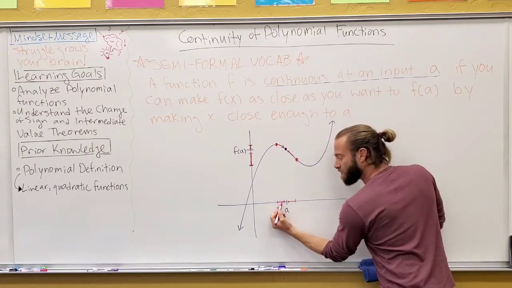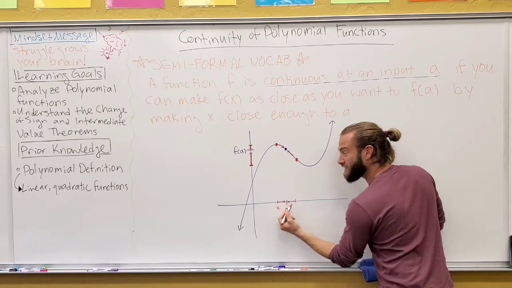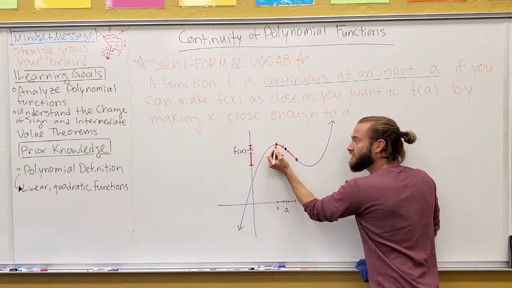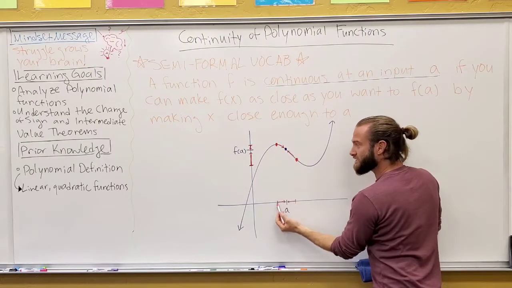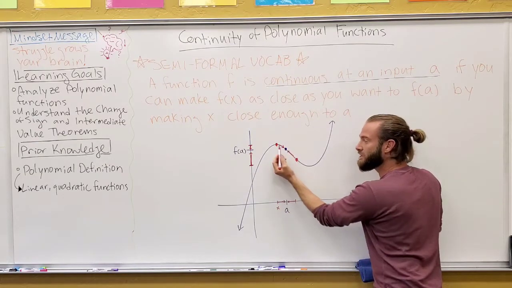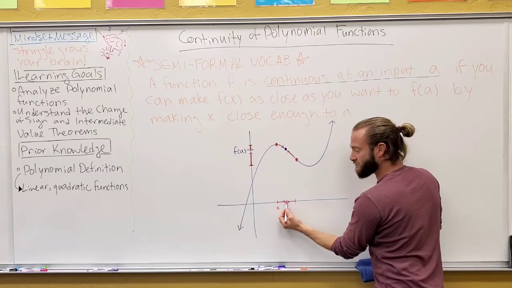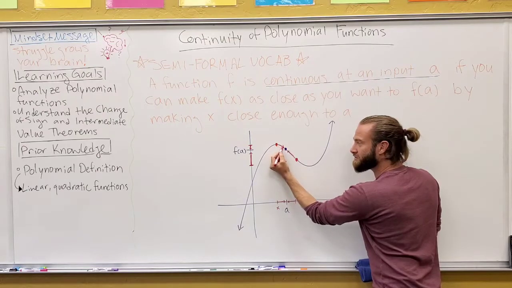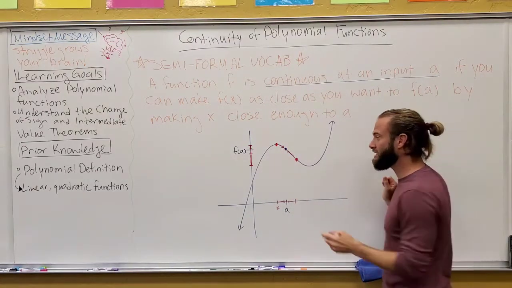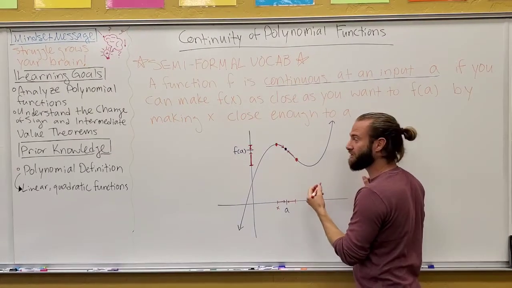If I get really close to the actual input of a, is that going to make sure that, and you can imagine this x value has its own output, or if I placed another one up here, it has an output. But you can imagine if this x gets really close, this point travels along the curve closer and closer to the actual point we're considering on the curve.